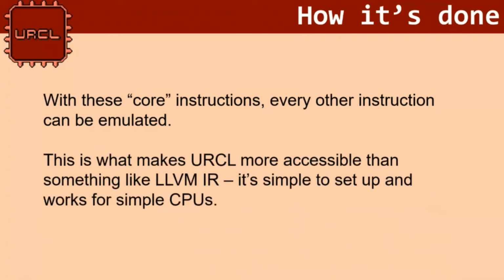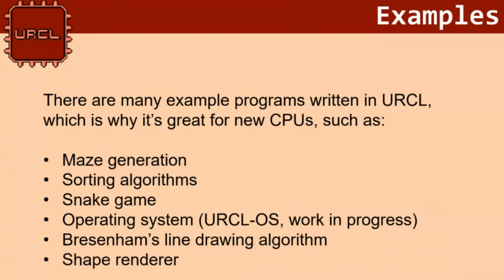So this is what makes URCL more accessible than something like LLVM. It's because it's simple to set up, and it works for simple CPUs too. There are many example programs that we have written in URCL, and this is why it's great for new CPUs, because after you've constructed your computer, you have a variety of programs which you can run, like maze generation, sorting algorithms.